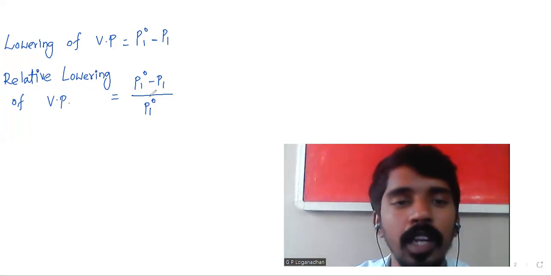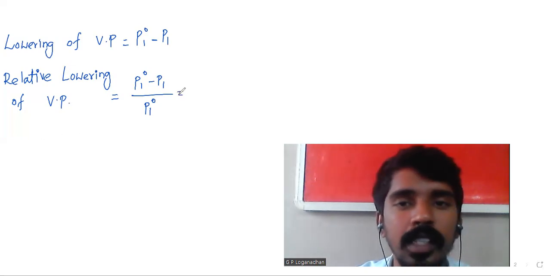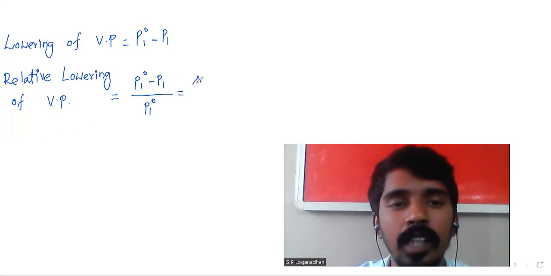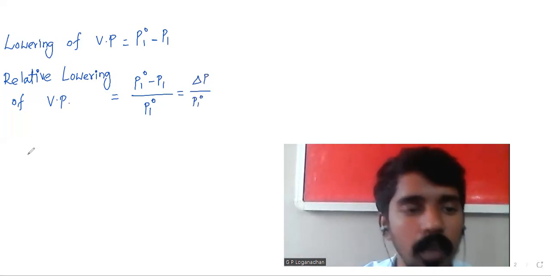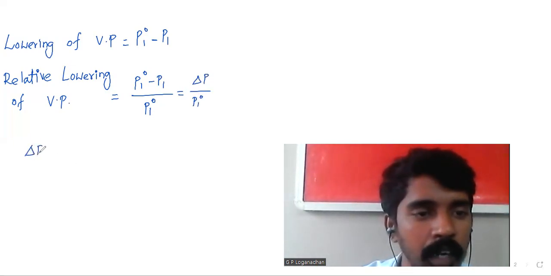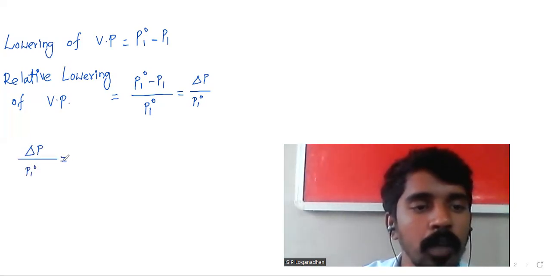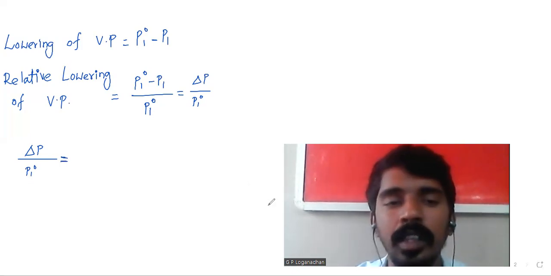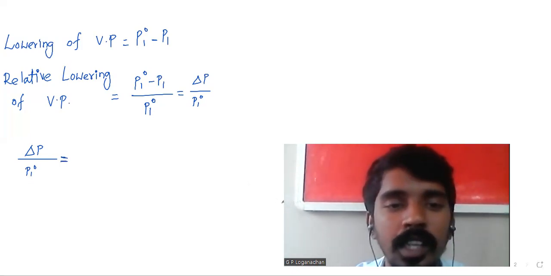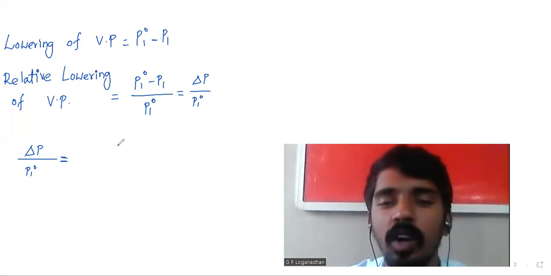This relative lowering of vapor pressure, you can write this as it is a change, right? You will take it as delta P by P1 naught. That will be equal to, you just think how much the change will be, that depends on how much space is occupied.